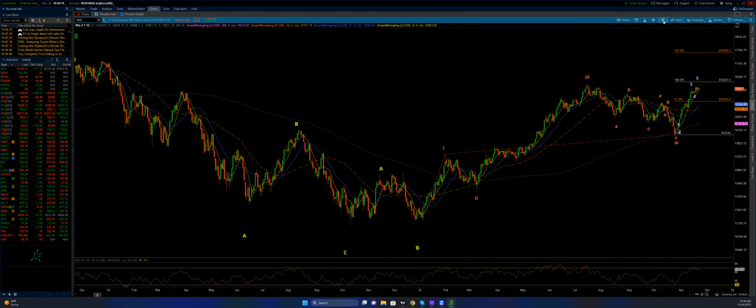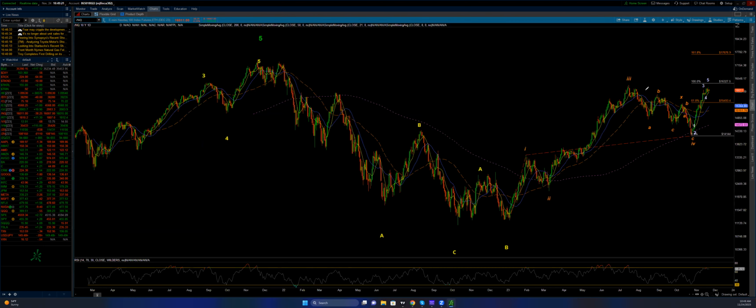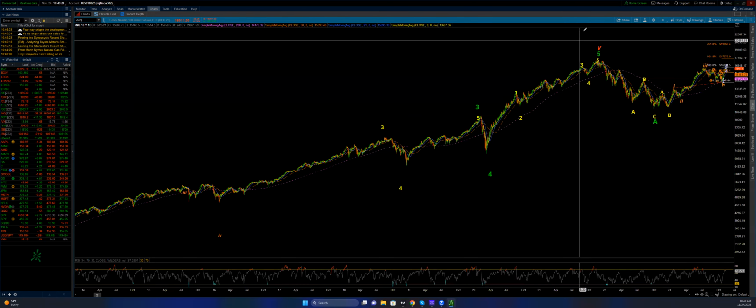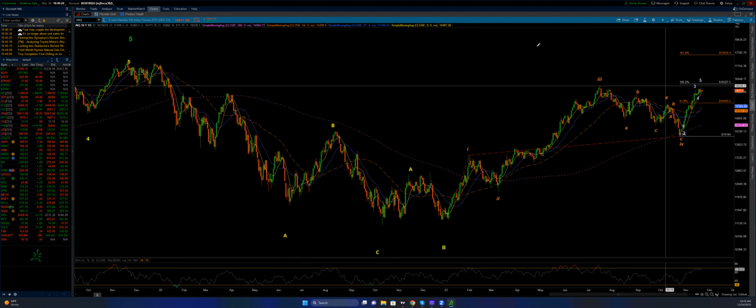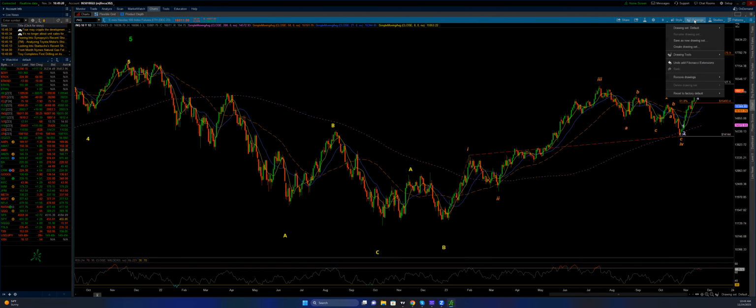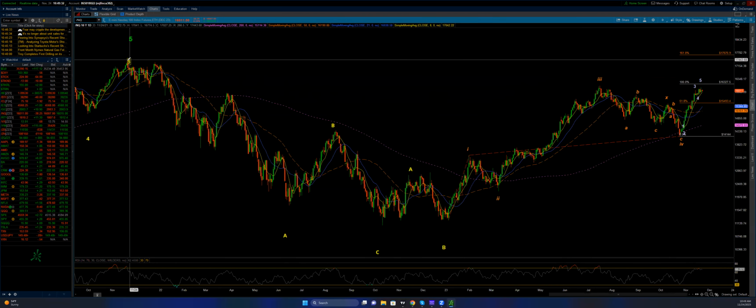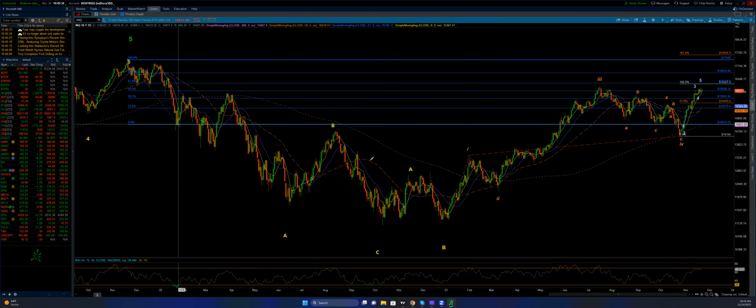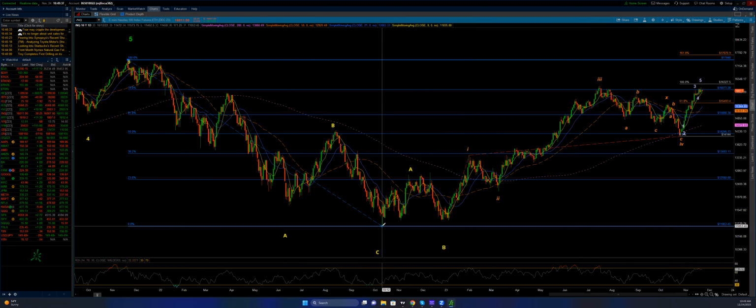So again, I've got to pull out to my 10-year chart because we got to go here. And now I've got to run just fibs. And I'm going to use just the retracement tool. We're going to go from here down to that low.